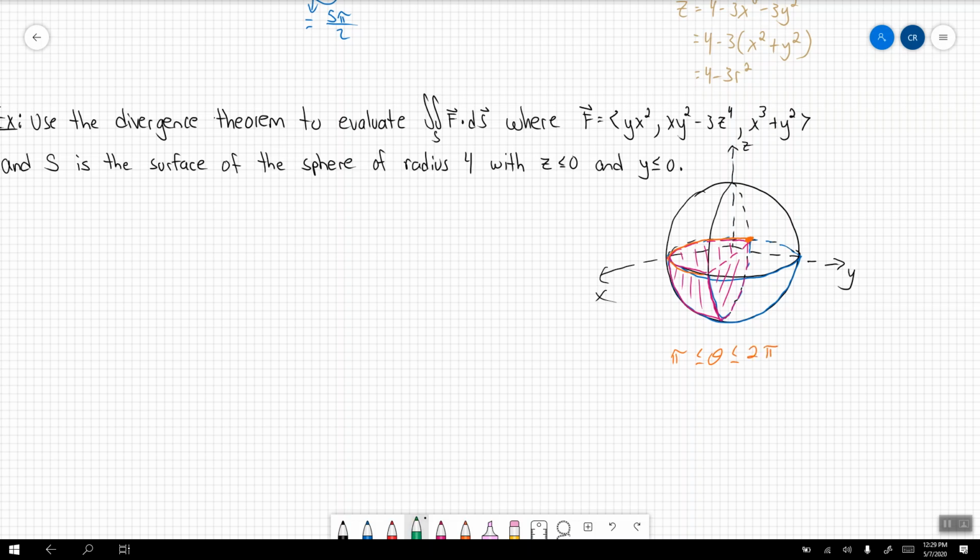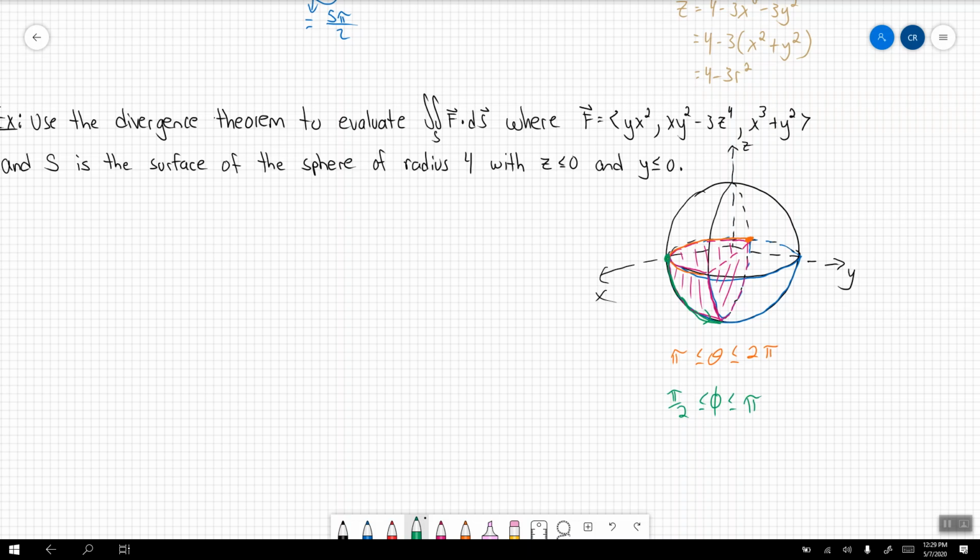Our phi values are going to start from the x-y plane, meaning that's pi over 2, and they're going to extend all the way to the bottom of the z-axis, which means the phi values in this particular case are going to be from pi halves over to pi. And that should capture the region that I am bounding, and this is going to be bounded with spherical coordinates.